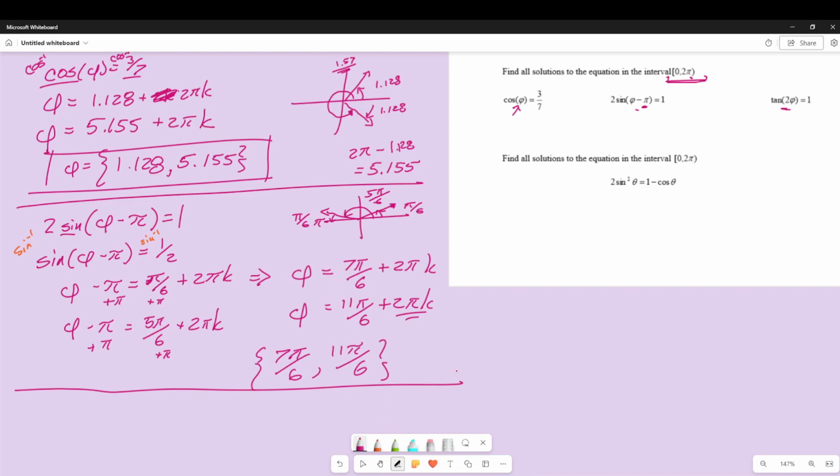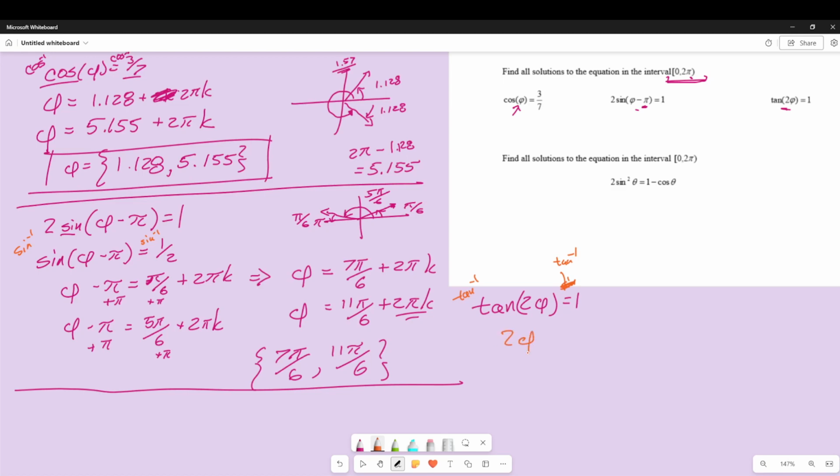So tangent of 2 theta equals 1. Tangent of 2 phi equals 1. No simplifying involved here, or at least no solving before we get to our inverse function, but our inverse function is going to be tangent.